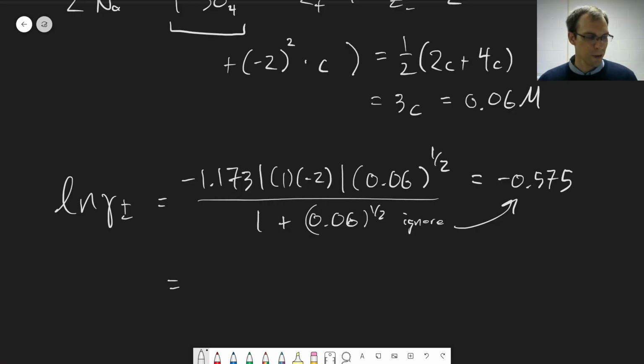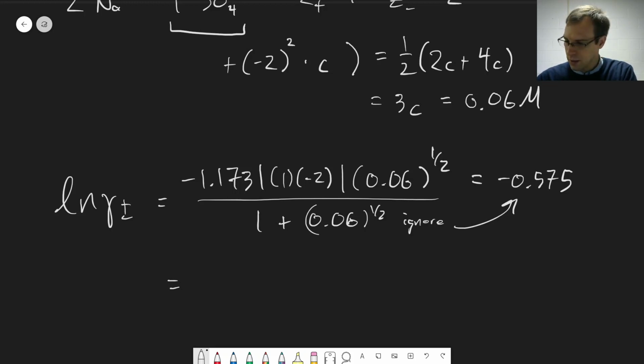Negative 1.173 times 2 times 0.06 raised to the 1/2. Sorry, just having computation issues.